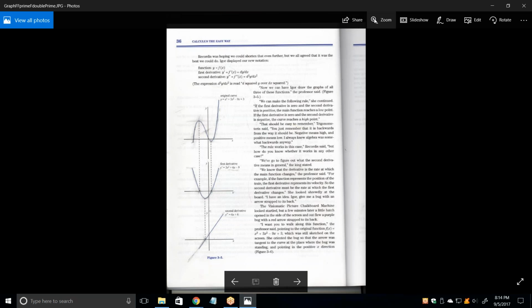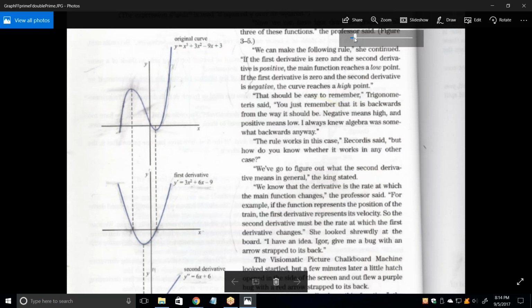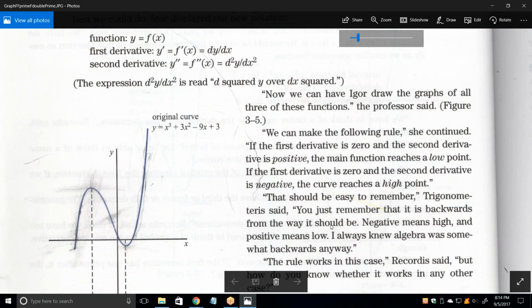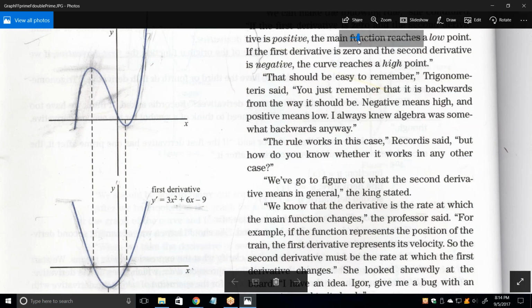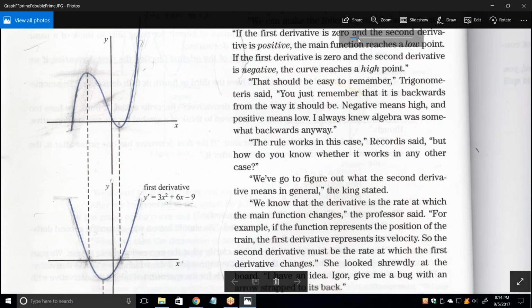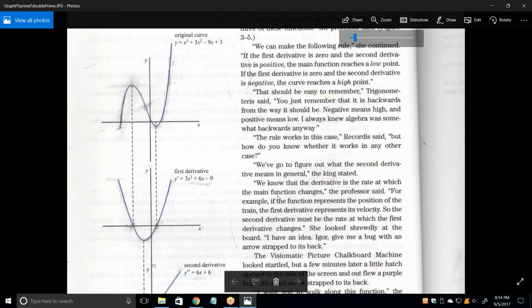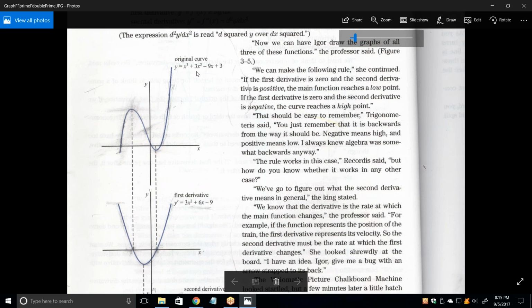I don't know why this graph is not shown to every single person that takes calculus. Let me minimize it just a little bit so you can see all three of them on here. Now, what you're looking at there is the original function, y, versus x.